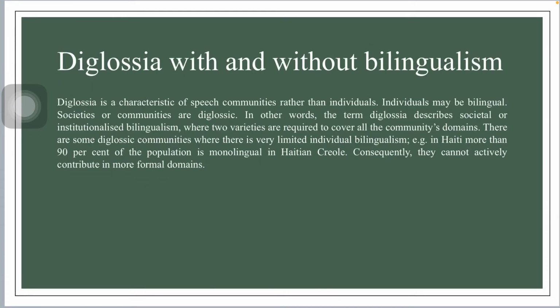Next, diglossia with and without bilingualism. Diglossia is a characteristic of speech communities rather than individuals. Individuals may be bilingual; societies or communities are diglossic. Or in other words, the term diglossia describes societal or institutionalized bilingualism where two varieties are required to cover all the community's domains.